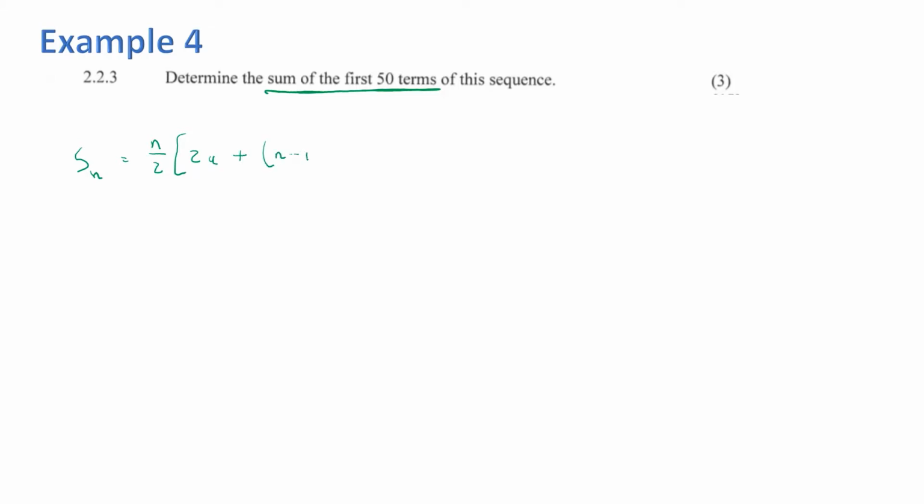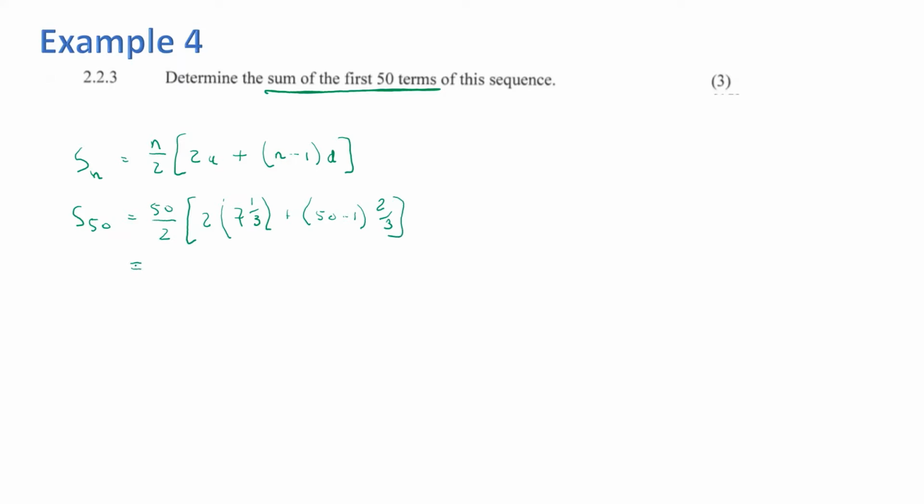So there we go. We have all the pieces of information because we know they want the first 50 terms. That's 50 divided by 2, times 2 times 7 1/3, plus, well, let me write this out, 50 minus 1 times d, that was 2/3.